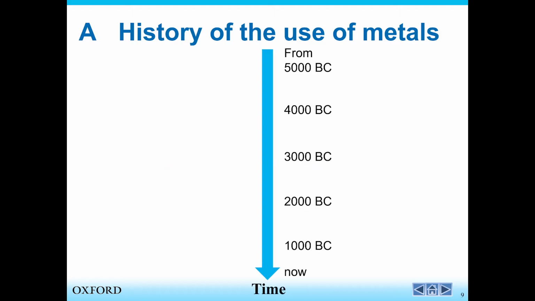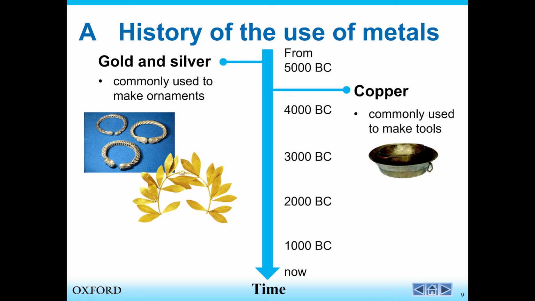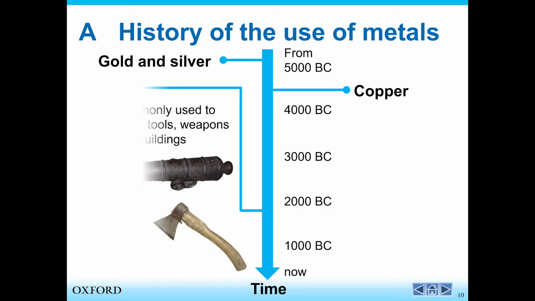Now let's look at the history and the use of these metals. You can see in 5000 BC, from that time, we've been already using gold and silver, and primarily it's used for jewelry or ornaments. Copper, also quite some time ago, primarily used to make some tools.